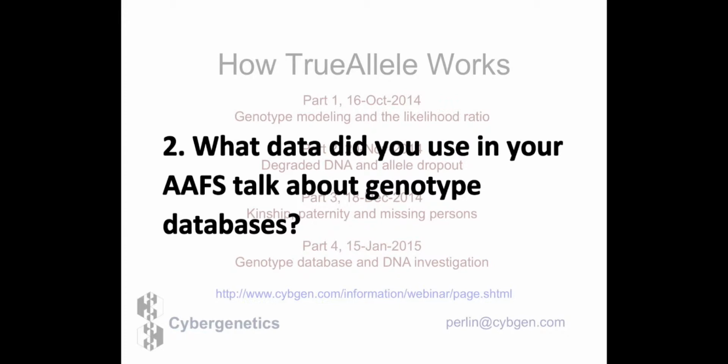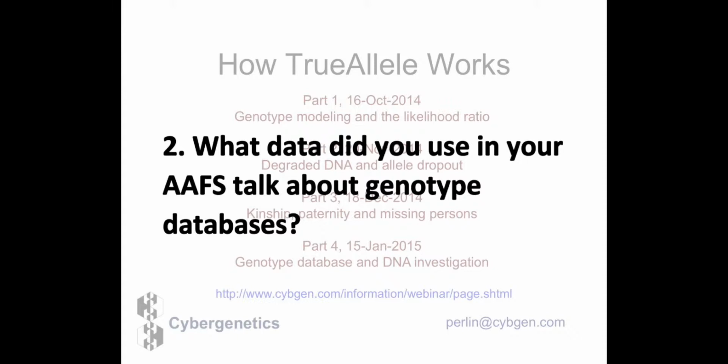The next question is, what data did you use in your AAFS talk about genotype databases? The data we used was taken from an NIJ study that we conducted almost 15 years ago, and it involved two-person mixtures of different mixture proportions and different amounts of DNA quantity, and that was the starting point.